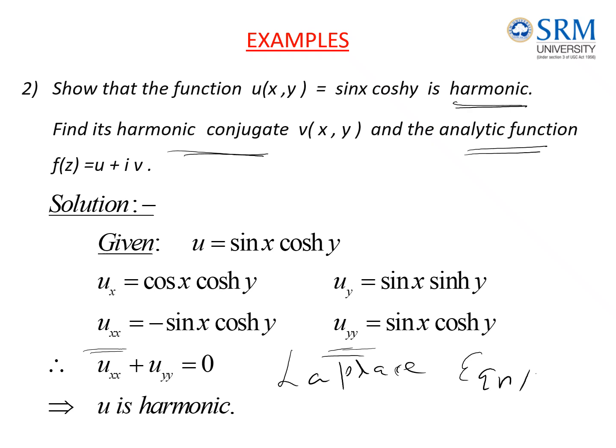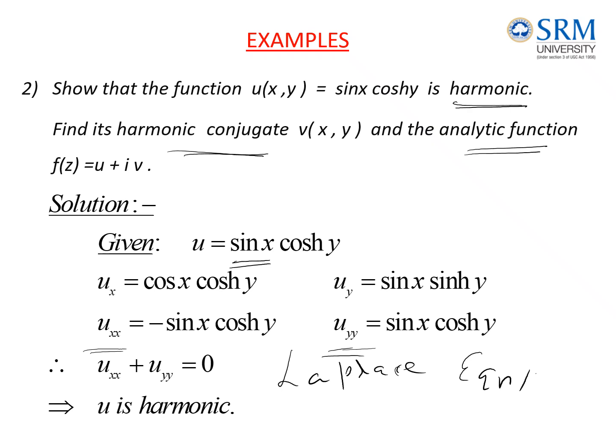Take u equal to sin x cos hy, partially differentiate with respect to x. So the derivative of sin x is cos x. Retain this cos hy as it is. Then the derivative of u with respect to y, partially, retaining sin x. So the derivative of cos hy is sin hy.